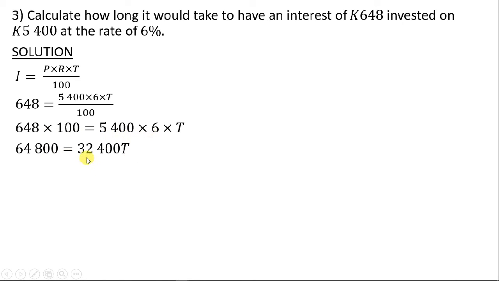Multiply 5,400 times 6, you get 32,400 T. To find the value of T, we'll divide both sides by the coefficient, which is 32,400. When you do that, our T will be equals to 2. Therefore, the time was 2 years. It took 2 years to get 648 with the principal of 5,400 kwacha.